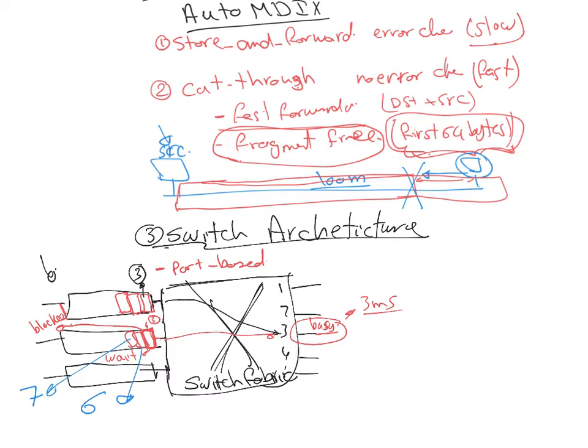These ports are not busy. But because the queue is first in, first out, the first frame, which is the head of the line, blocks all the frames behind it because it wants to go to a particular output port that's currently busy.